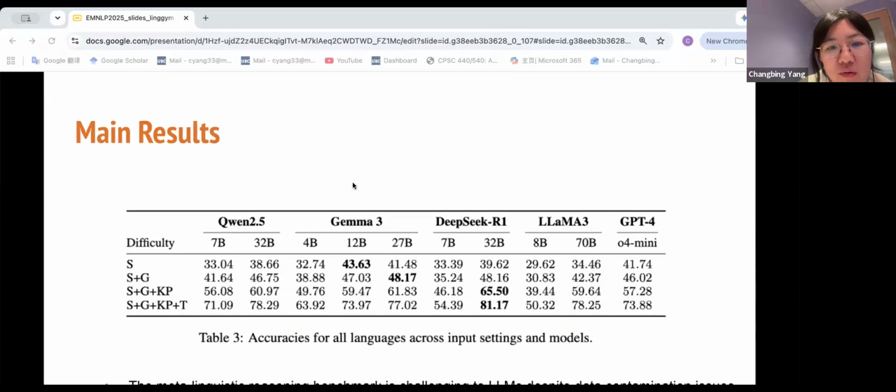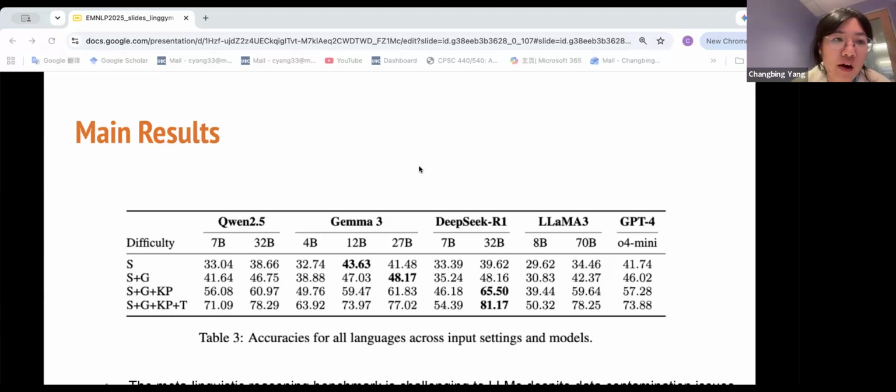So the meta-linguistic reasoning benchmark is challenging to LMs despite the data contamination issue, because some of the models will have already digested all those publicly available books during the pre-training period. But we still say it is a challenging experiment, because if the model just takes a random guess, then the accuracy will be 25%.